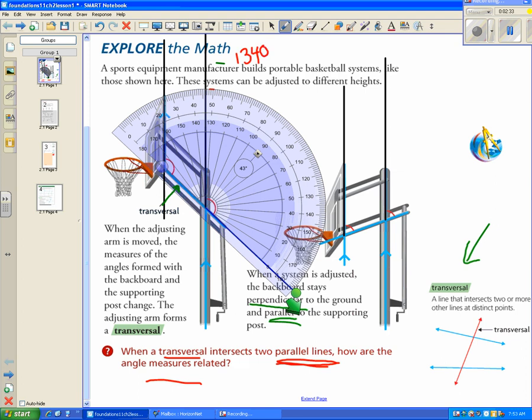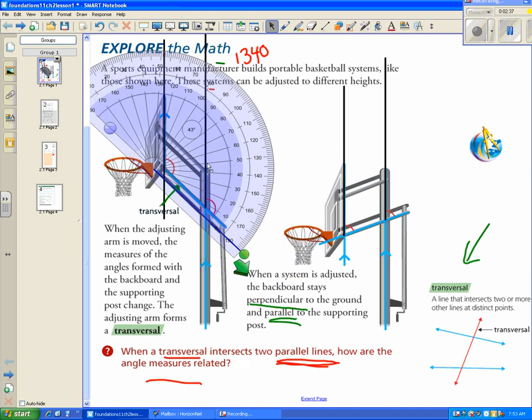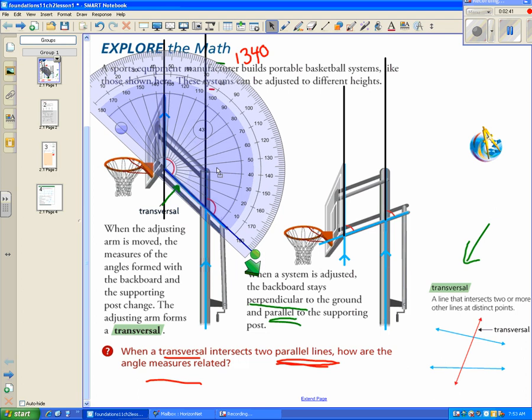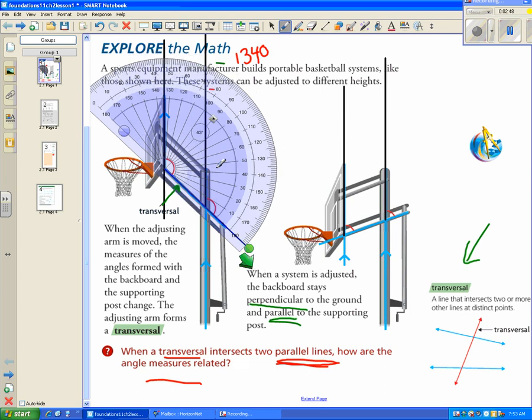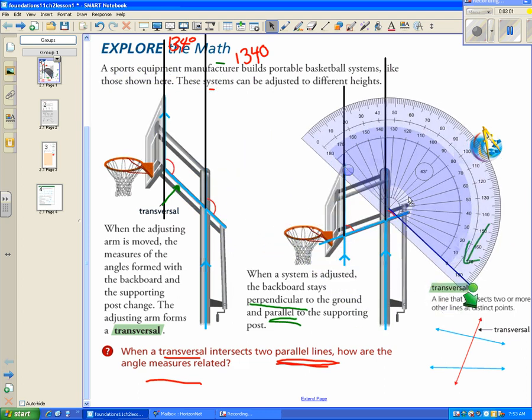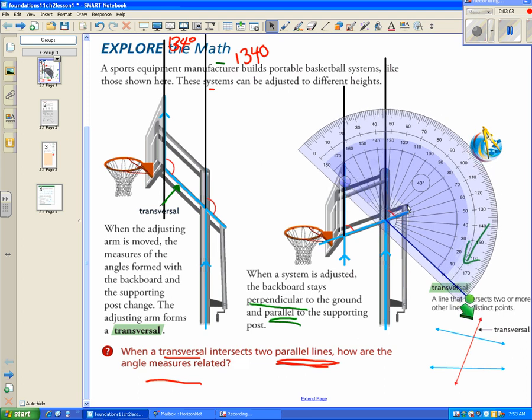We're going to measure that other angle formed by the transversal and the parallel line. Lining her up right there, we can see that this is also 134 again. Okay, now here's another example. Let's see if we can measure the angle formed here by the transversal and the parallel lines.